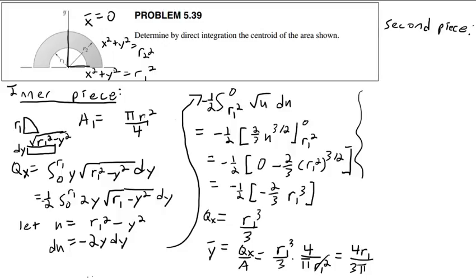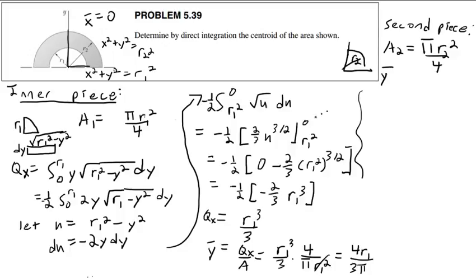It's obviously just going to be substituting R2 for R1. It's the same exact shape, centered at the same location, oriented the same way. I'm talking about the whole quarter circle without the hole. Just R2 here.